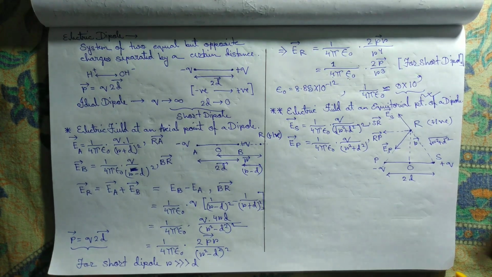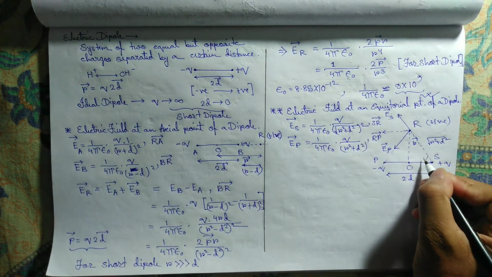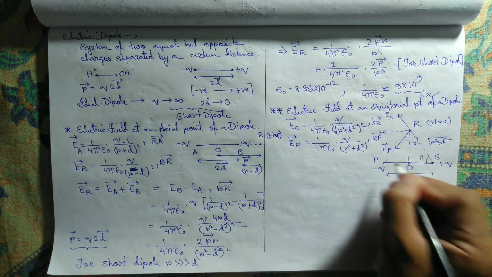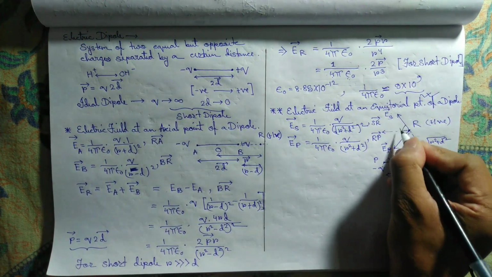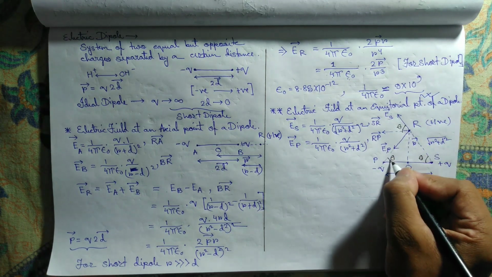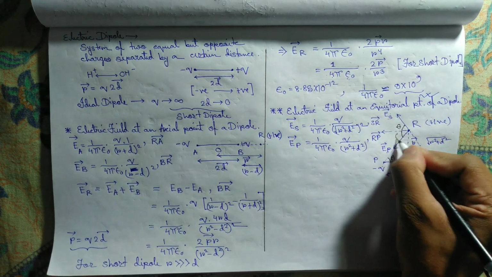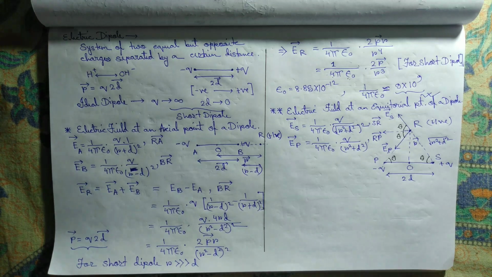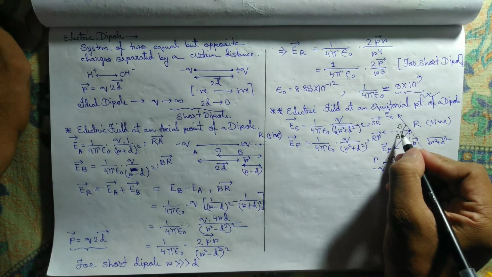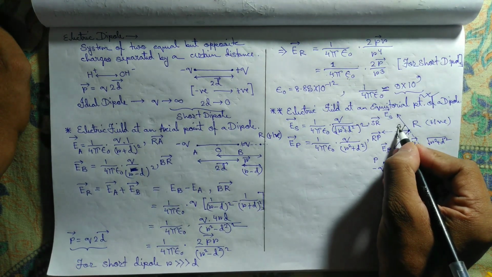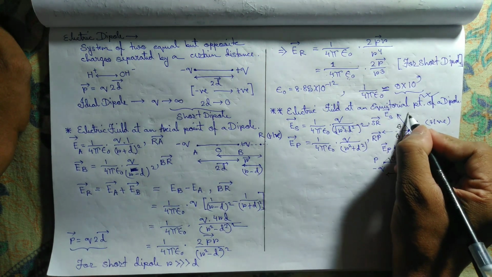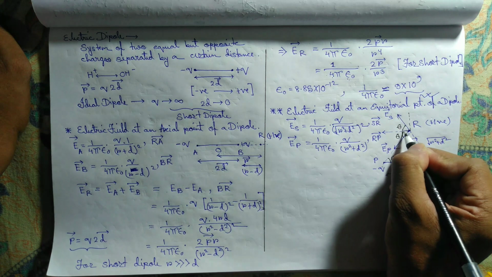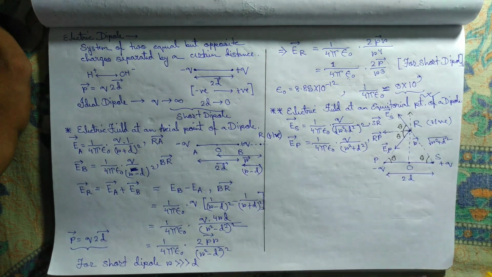Now look at that, it is an isosceles triangle. So if we take that angle theta, that angle is also theta, and this angle is also theta. Now coming to the point, as it is theta, we can break this ES vector into two parts, in that direction and in that direction, right?